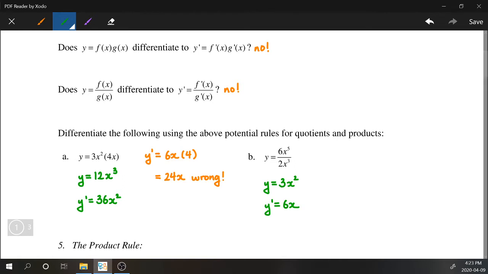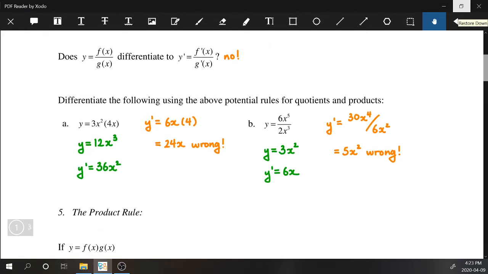Okay, so if we were to take the derivative using the incorrect method, then y prime would be equal to 30x to the fourth power divided by 6x squared. If you divide that, you will actually get 5x squared, which again is not 6x. So we know for a fact that this is incorrect.